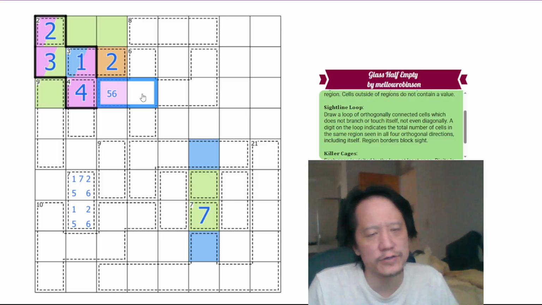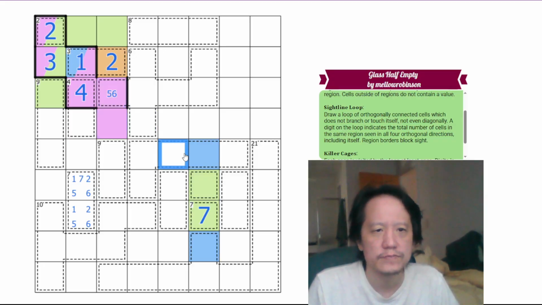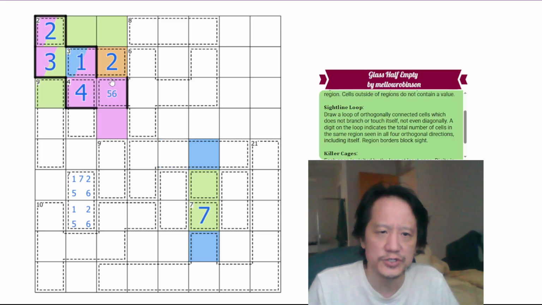It cannot enter here, because if it goes there, the problem is there are no digits from 1 through 4 in that region. So this must be a boundary that way. So it has to go this way as a pink. So this is a boundary here.